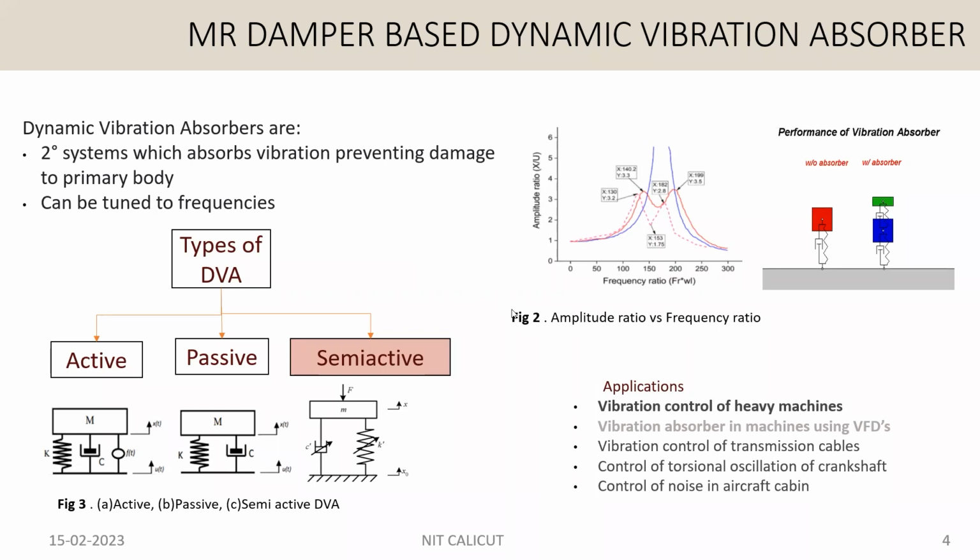These are common absorbers, but what we are doing is a semi-active absorber where the damping coefficient can be changed. For example, in a Hero Honda, Bajaj or any other vehicle, we have a shock absorber filled with oil, and that oil viscosity is constant.